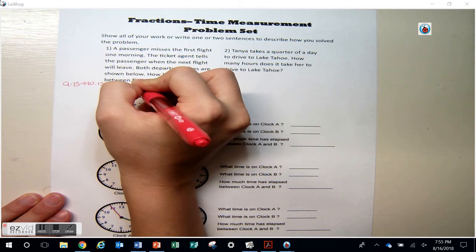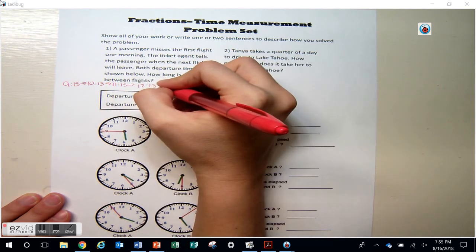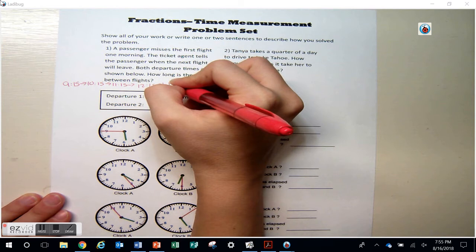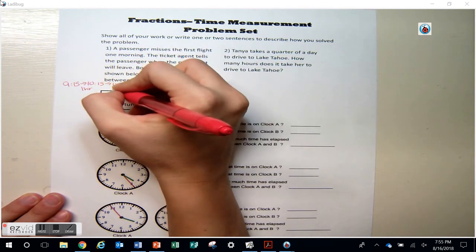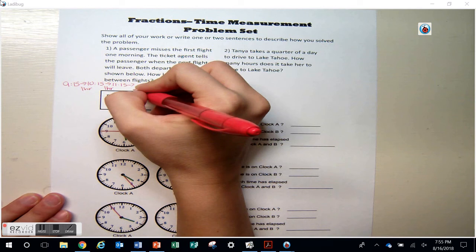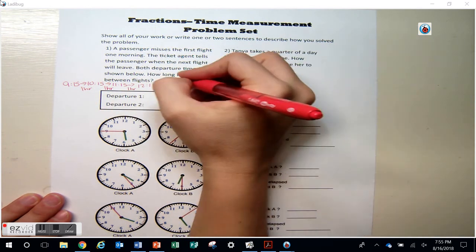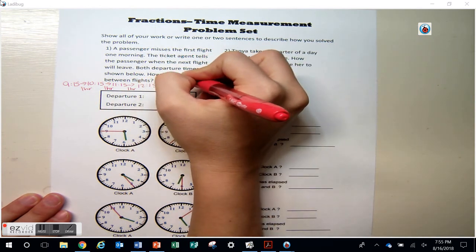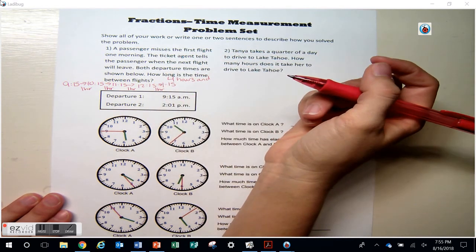9:15, 10:15, 11:15, 12:15, 1:15. And if I go to 2:15, I'll be too far. So this is 1 hour, 2 hours, 3 hours, 4 hours. So I'm going to write 4 hours.